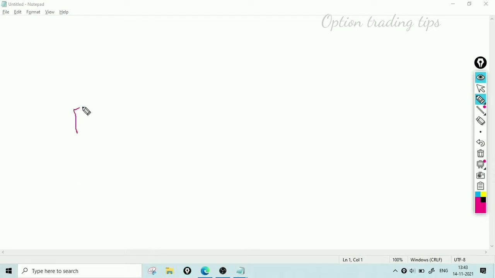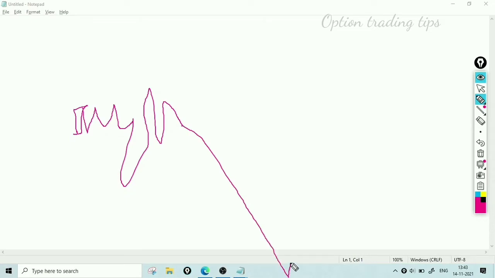That means this is the market starting candle. The market moves like this, then suddenly starts moving huge down, and here moves upside and closes here. So this is a huge down rally. I mark the high and low of that particular rally as resistance and support, not the overall high, not the closing.